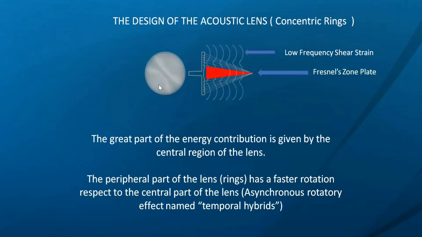And as explained in the last presentation, the great part of the energy contribution is given by the central row, the so-called Fresnel zone plate. We have the maximum of the energy here, but we have a certain amount of energy that is peripheral.